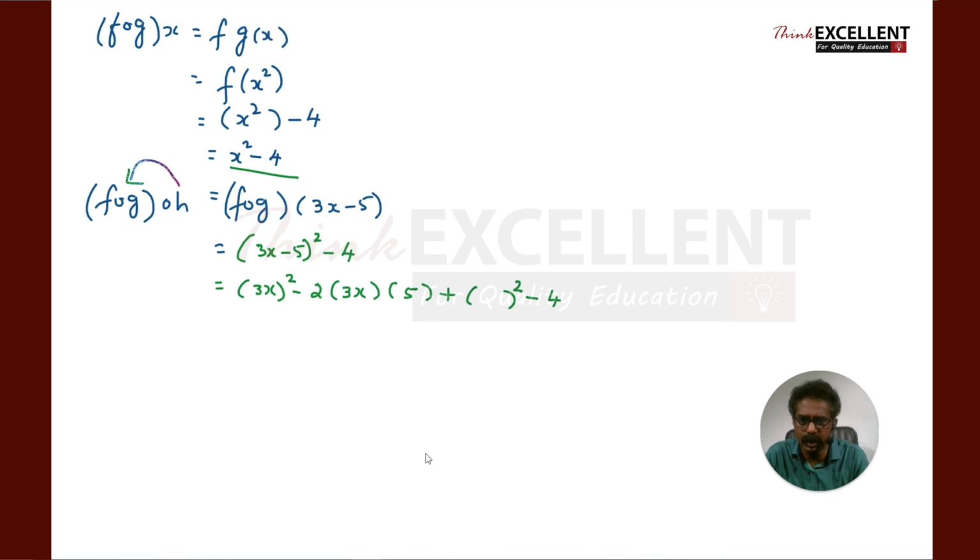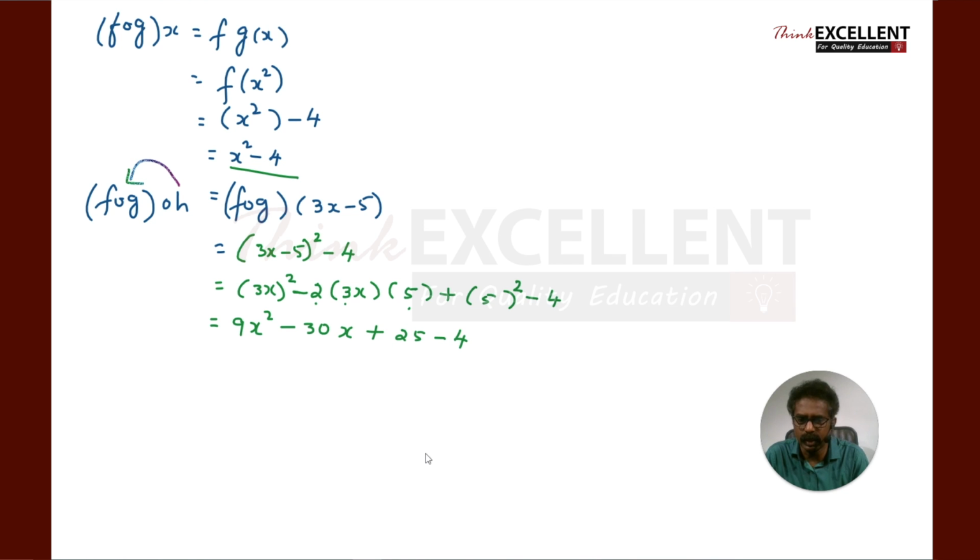Don't put minus 5 because minus already we considered here, right? Now b square, b value 5 square. Simplify this. This is 9x square minus, multiply all the 3, 2 3s are 6, 6 5s are 30, so 30x, plus that 5 square is 25 minus 4.